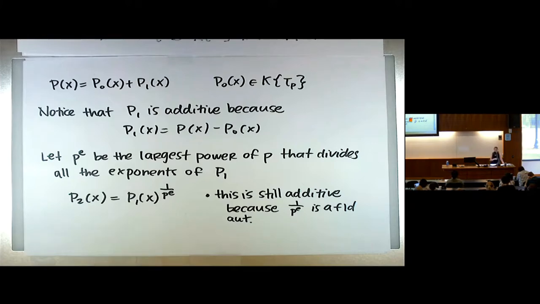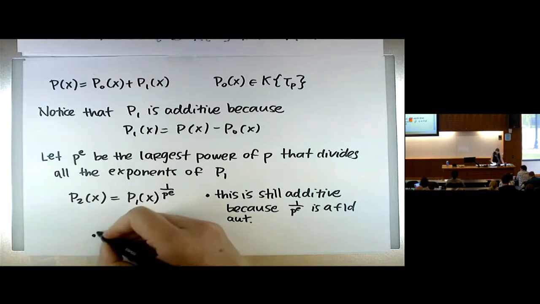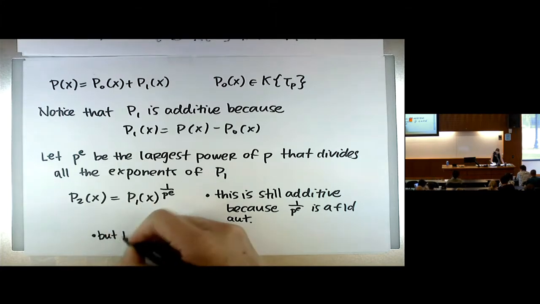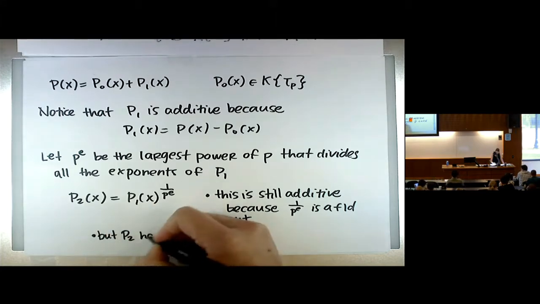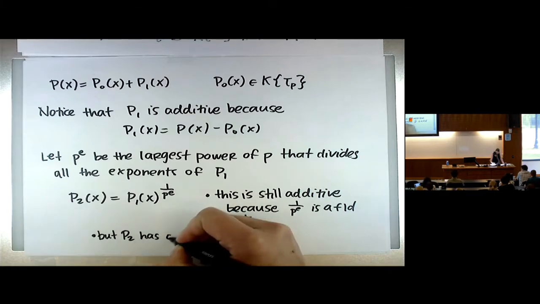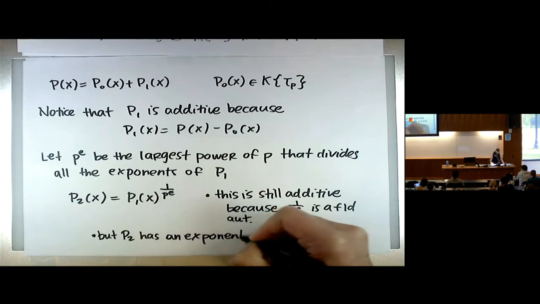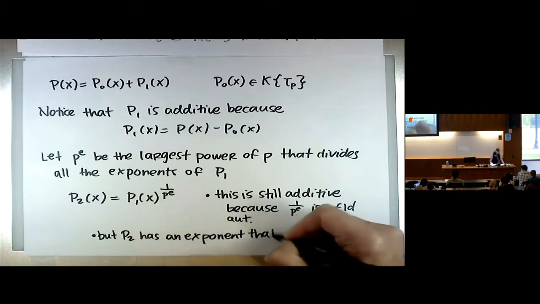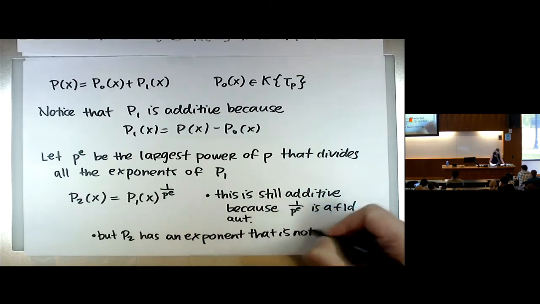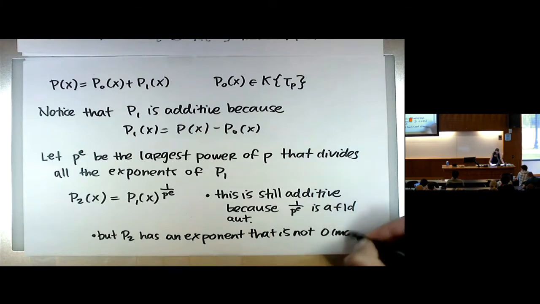Because P1 was additive, then raising it to the 1 over P to the E respects all the field operations, in particular addition. Okay? But P2 has an exponent that is not 0 modulo P.